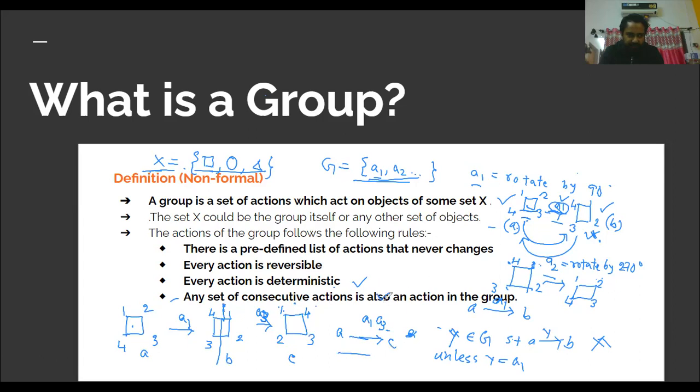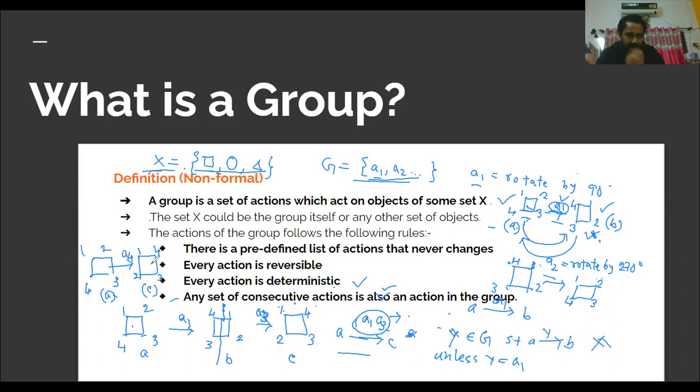What this sentence is saying is that this composition of actions is also an action of the group G, which means there is an action, say A4, which will take this configuration A to configuration C, which is 1, 4, 2, 3.